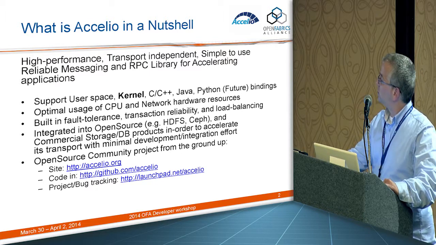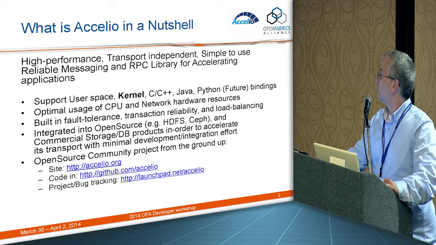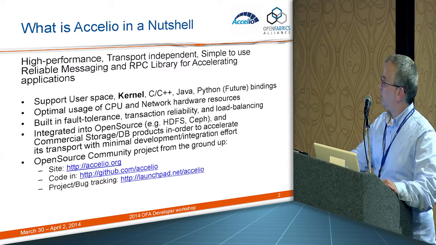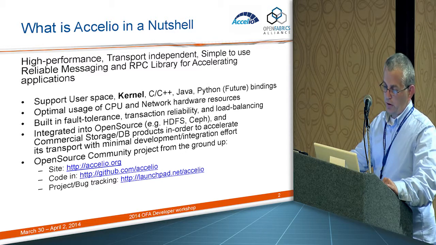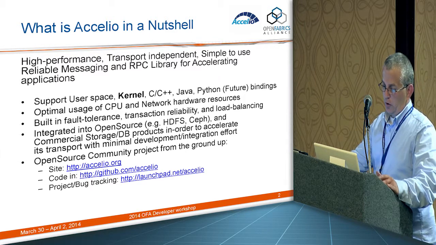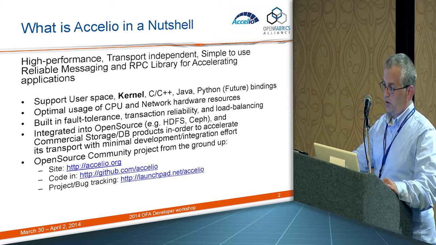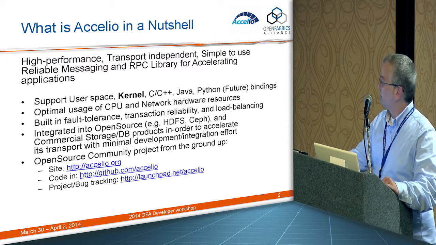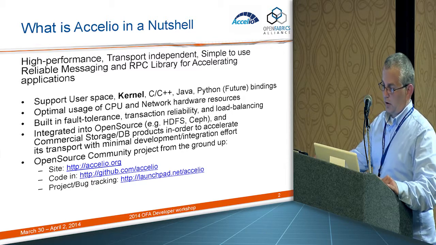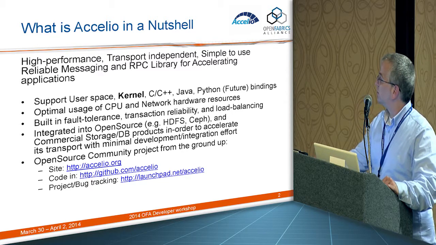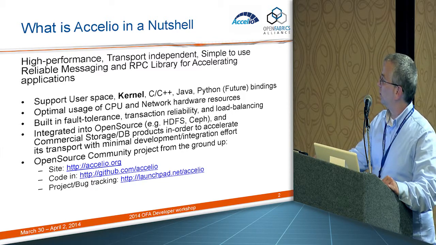It has a website, accelio.org. The code is on GitHub. Everyone can download it and start playing with it. And it has a community and project backtracking on launchpad.net. We hope that other companies will join us and add support for this API.